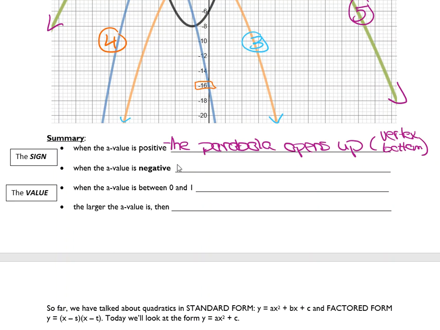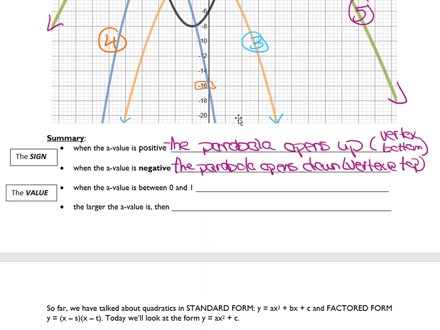And when the a value is negative, the parabola opens down, which means the vertex is at the top.